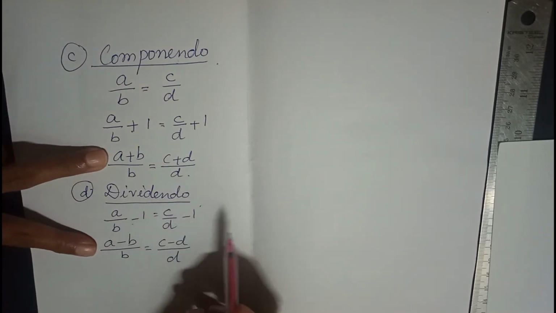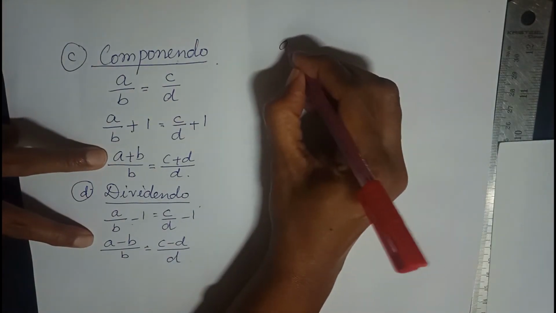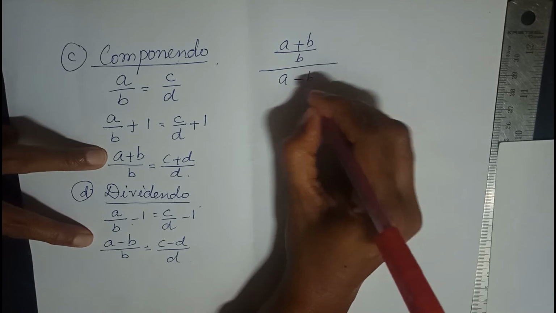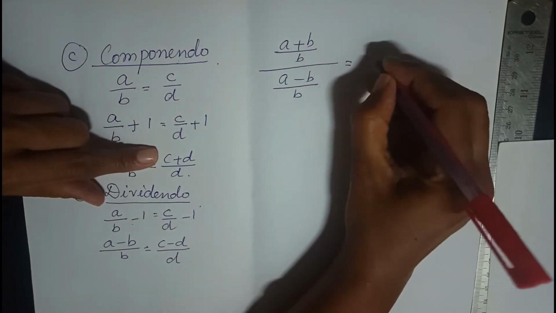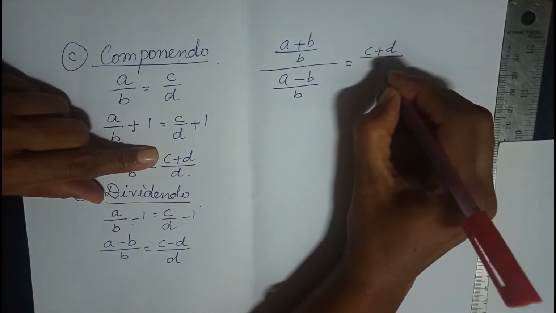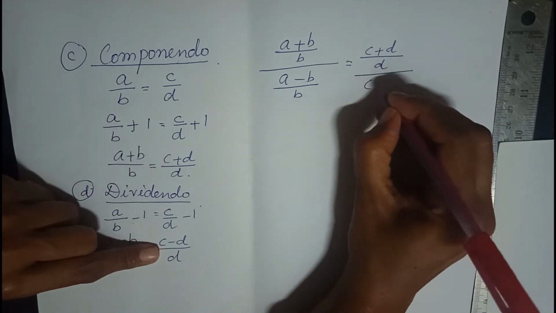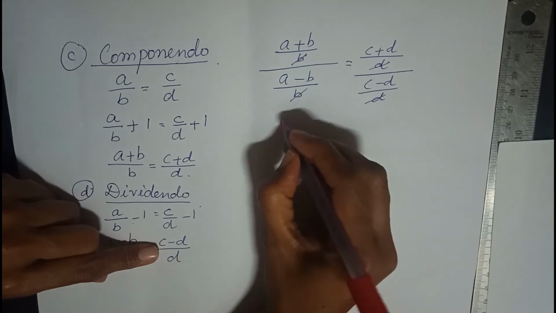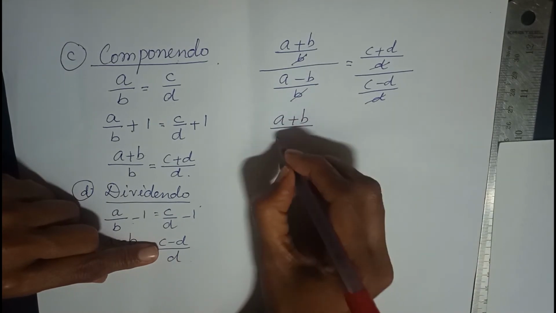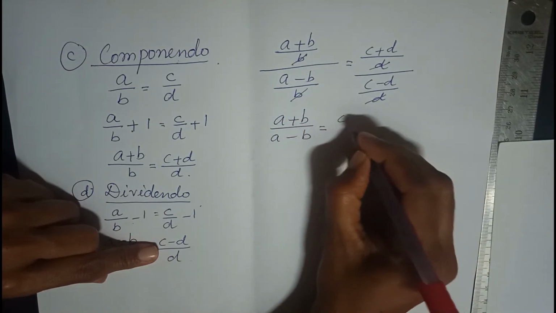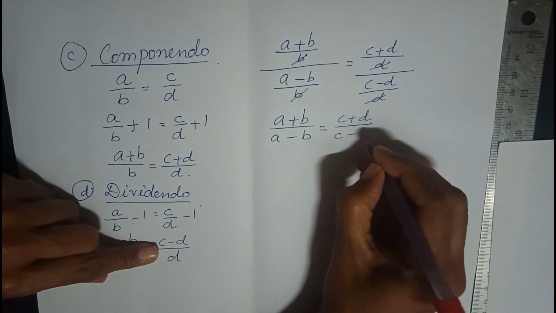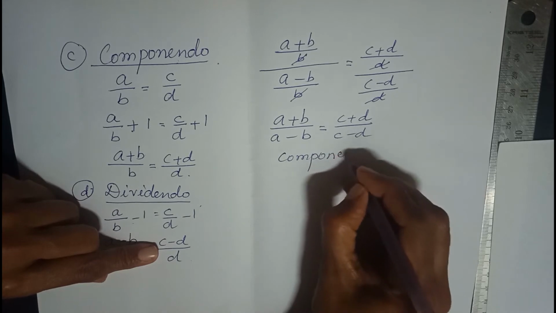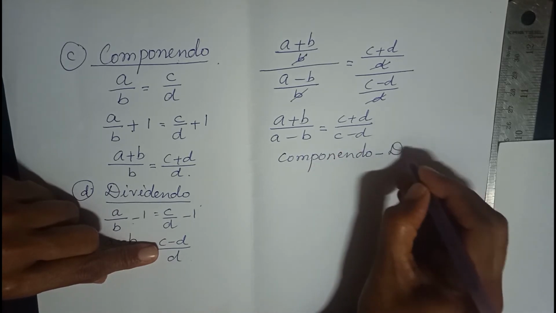And if you divide this by this, what you will have is A plus B upon B divided by A minus B upon B is equal to C plus D upon D divided by C minus D upon D. So D this side and B this side will get cancelled, and what you will have is A plus B upon A minus B is equal to C plus D upon C minus D. This is called componendo dividendo.